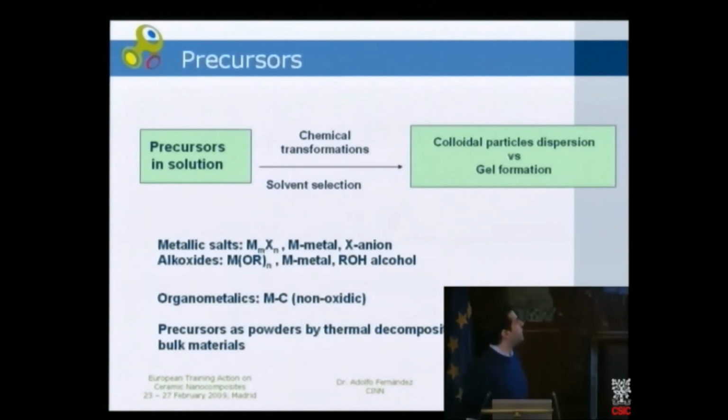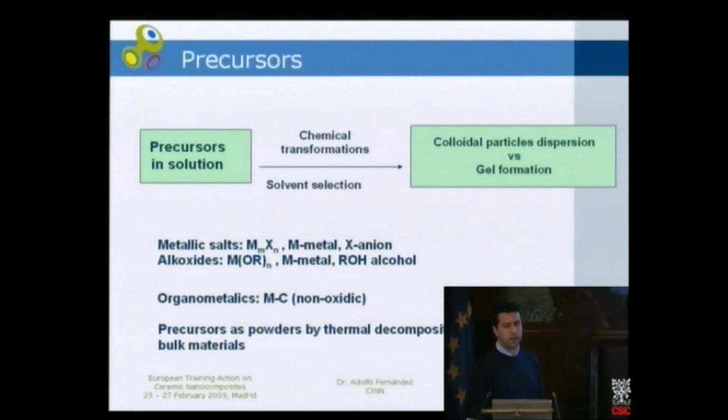When we talk of the sol-gel process, briefly it can be described as a precursor solution that, after chemical transformations, gives place to the formation of a colloidal particle dispersion before the gel formation. There are two main families of precursors, that are the metallic salts and the alkoxides.